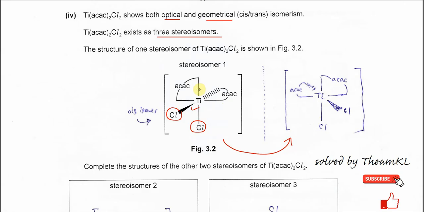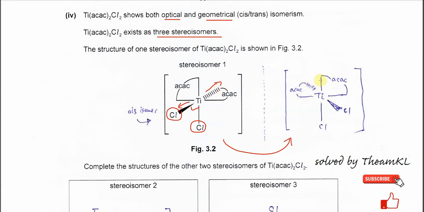In this figure 3.2, there are 4 normal lines which are in the same plane, and this wedge line shows this chloride is in front. This dashed or dotted line is at the back. So it's actually the same thing. It's a 3D drawing. Since it's drawn like that, we just follow.